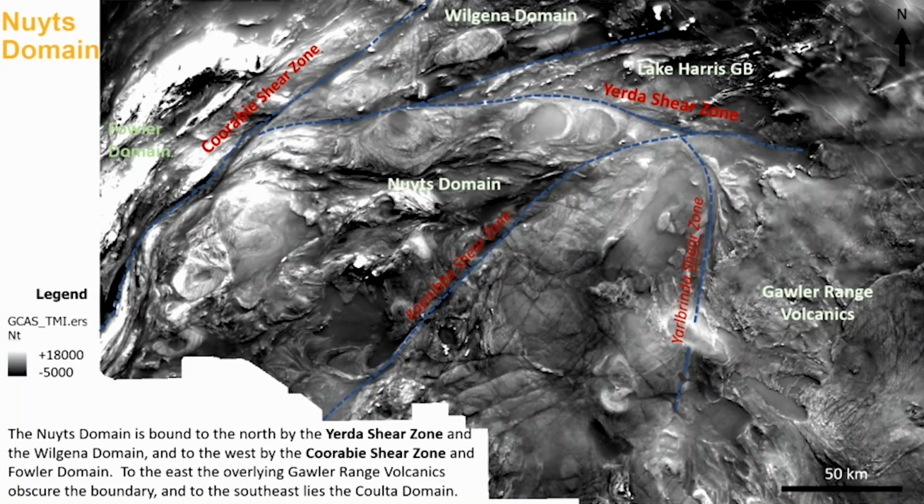To the west, we have the Kurabi Shear Zone and the Fowler Domain. And to the east, the Gawler Range volcanics largely overlie and largely obscure the boundary. The Kurabi Shear Zone and the Yarlbrinda Shear Zone are also prominent features on the Aeromag, with the Yarlbrinda Shear Zone also forming a partial boundary to the domain.